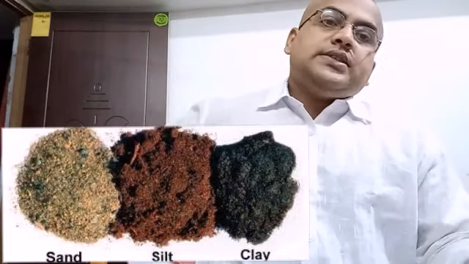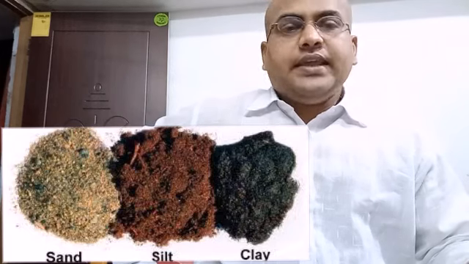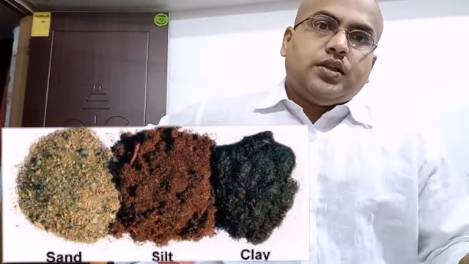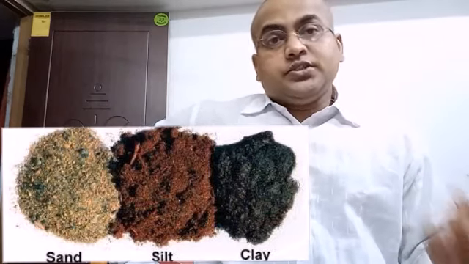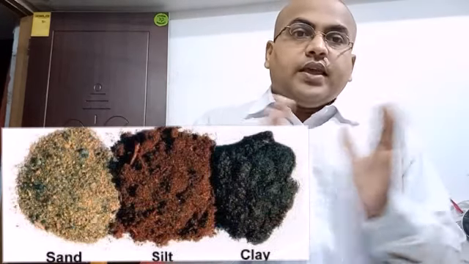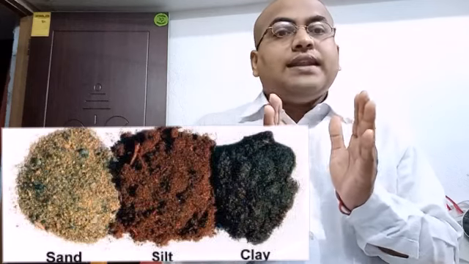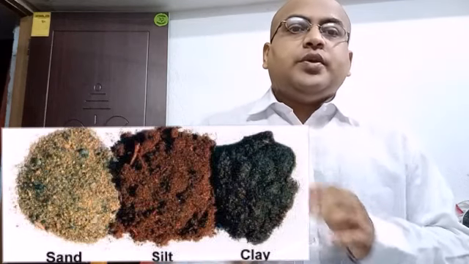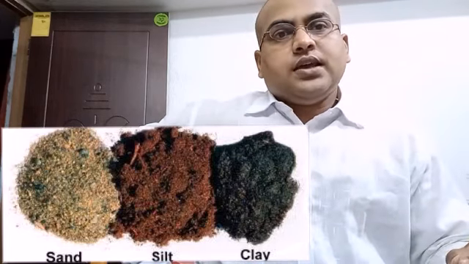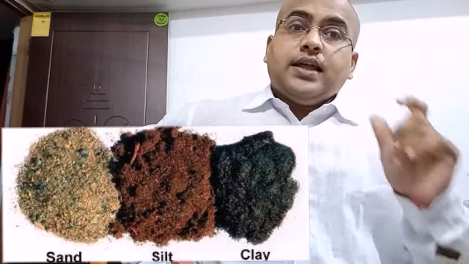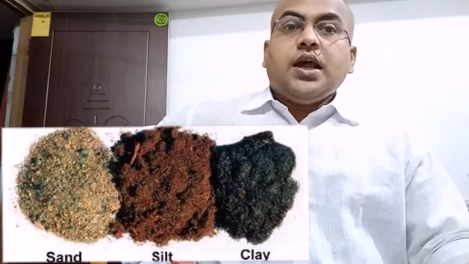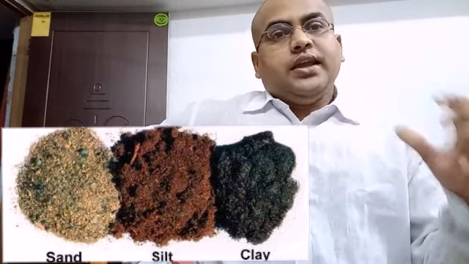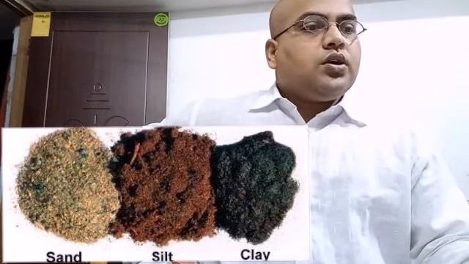Now let's discuss the next type of soil, that is clayey soil. Here the particles are very fine and small, so they can stick to each other easily. So here space is less, so air is less, but it can hold a lot of water.